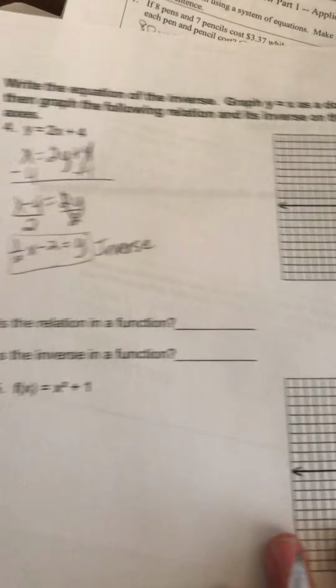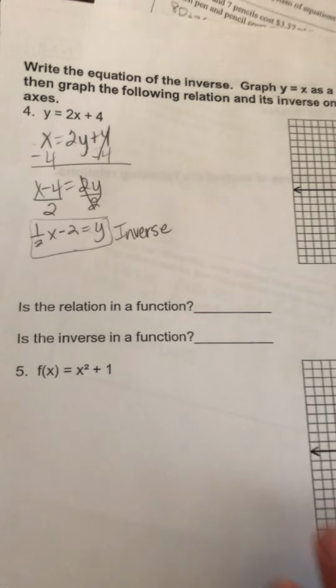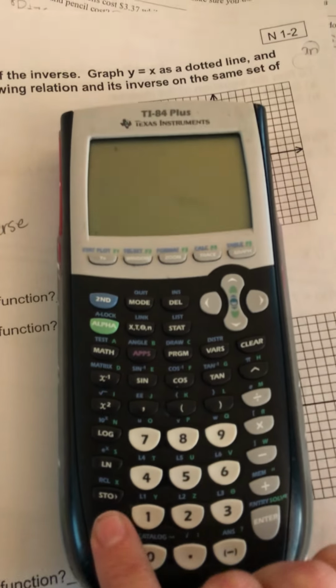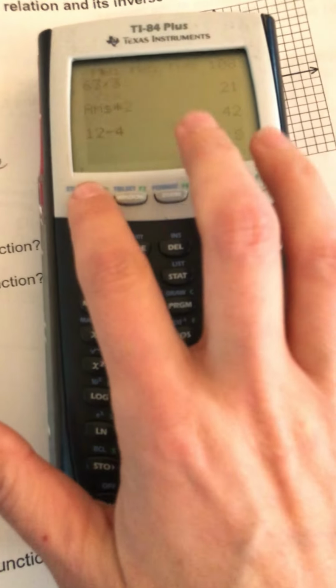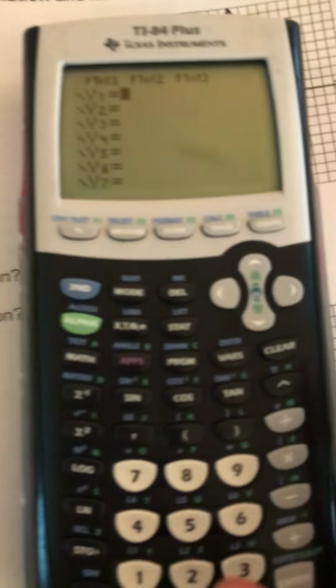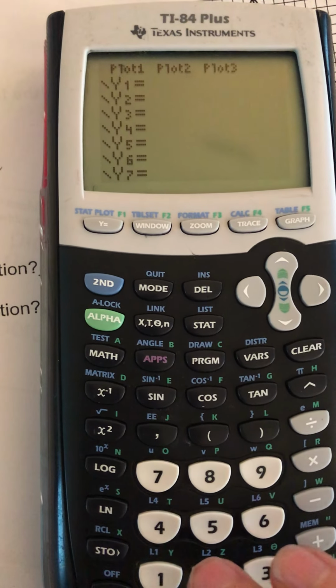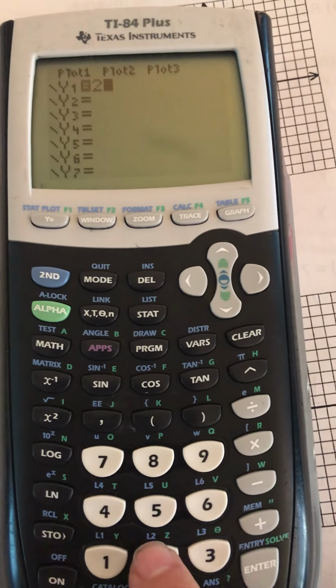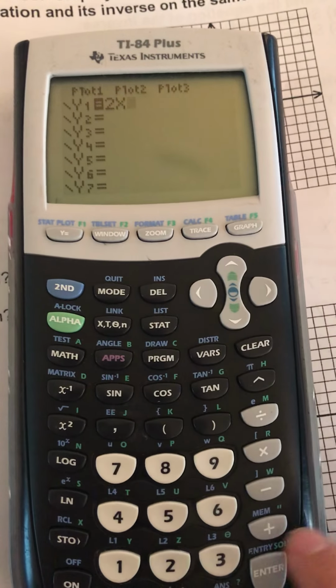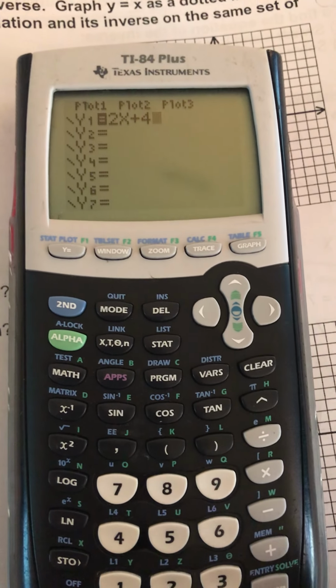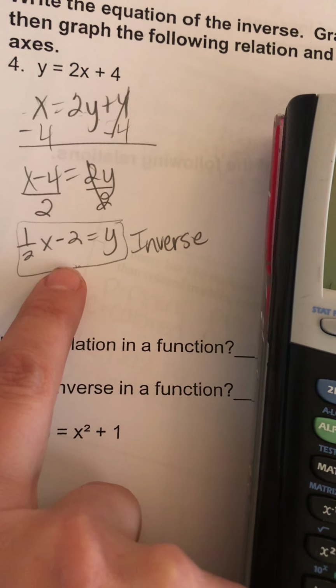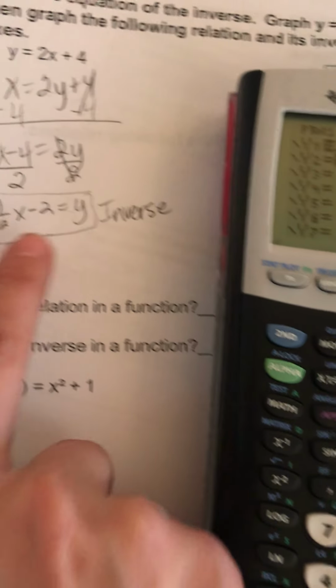All right. So now we need to graph both of them, right? If you put these in your calculator, you can graph them without having to plot all the points. So y equals, I'm going to put in my first one, which is 2x plus 4. Now in my y2, I'm going to put my inverse, 1/2 x minus 2.